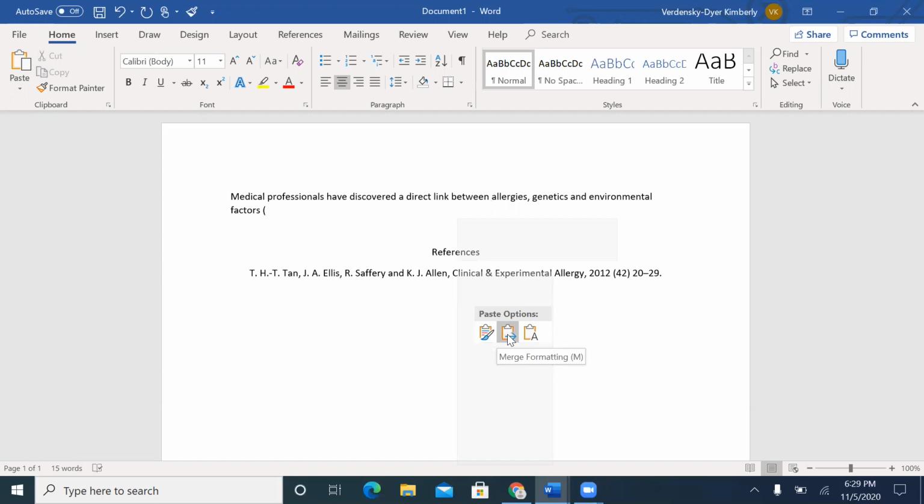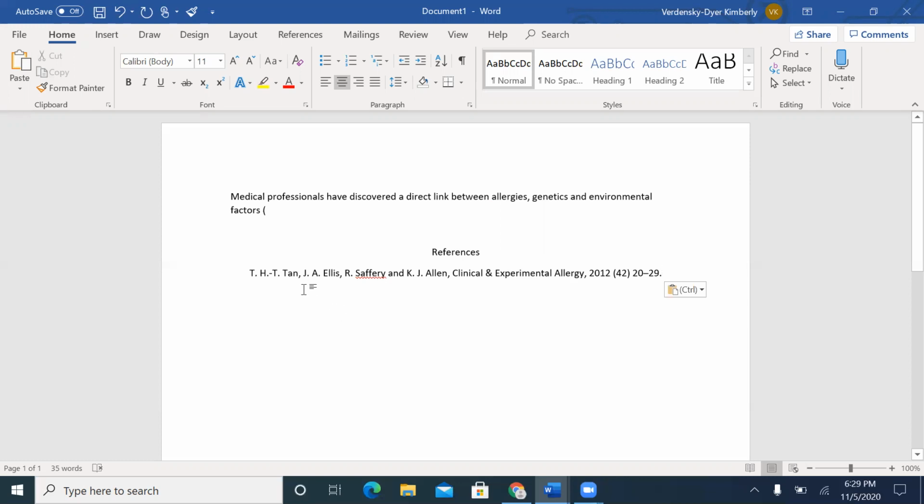In this case, by merging my formatting, it's going to match the text and size that I've already been using. So that's what I'm going to do. Now I have what looks like a pretty good reference entry, but I noticed that it doesn't include the title of the article, so I may have to go back and modify this a little bit to fit APA formatting.